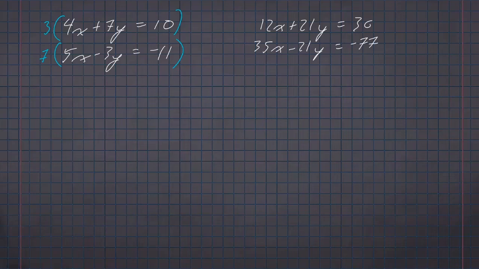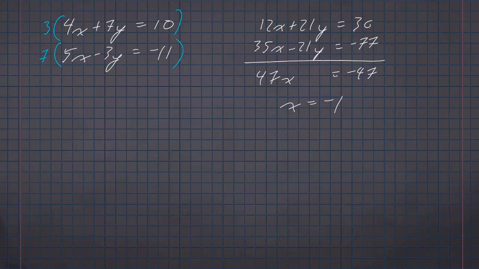All right, 12x plus 21y equals 30. 35x minus 21y is equal to negative 77. Adding these two things together, I get that 47x is equal to negative 47. And dividing, I get that x is negative 1.